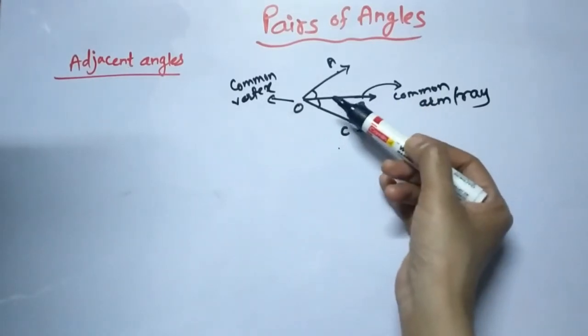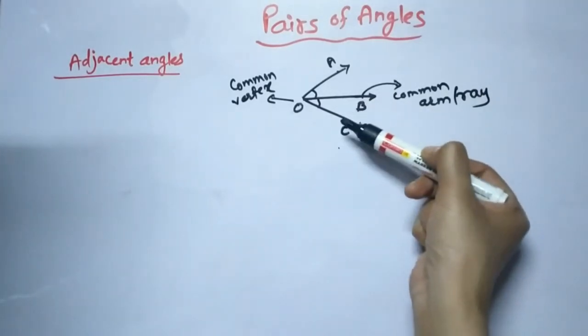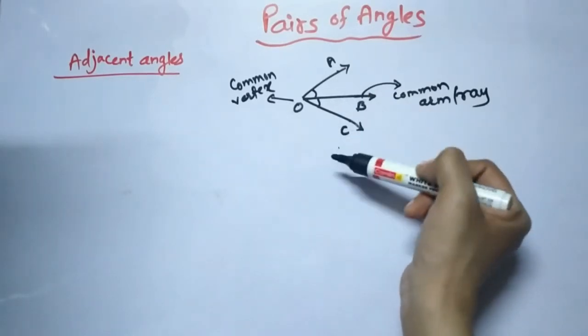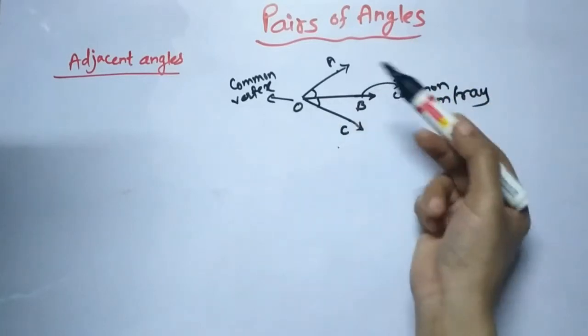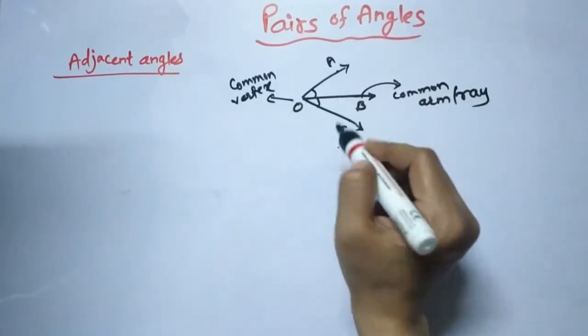And you can notice one thing, they don't have interiors with points in common. So such angles you can call adjacent angles. Adjacent, what does it mean? Next to. So they are placed next to each other, and these are a pair. Pair means two.